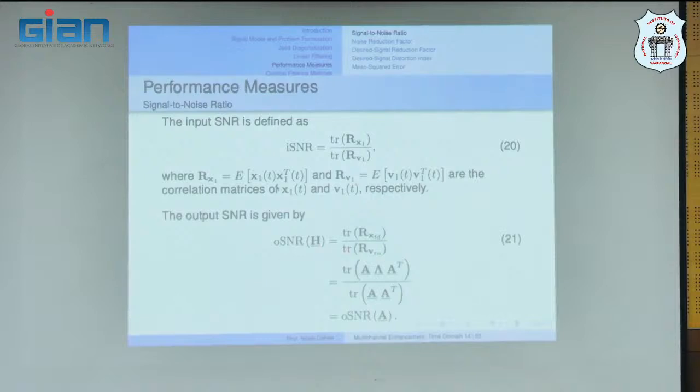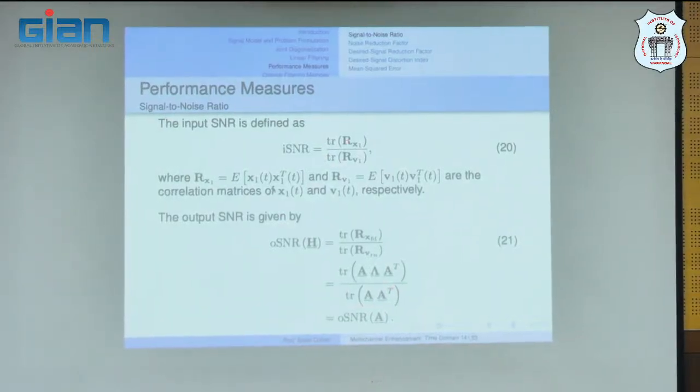We can formulate this output SNR based on the filtering matrix A and things that we know, lambda, for example. Okay? And here we know Rx1 and Rv1.